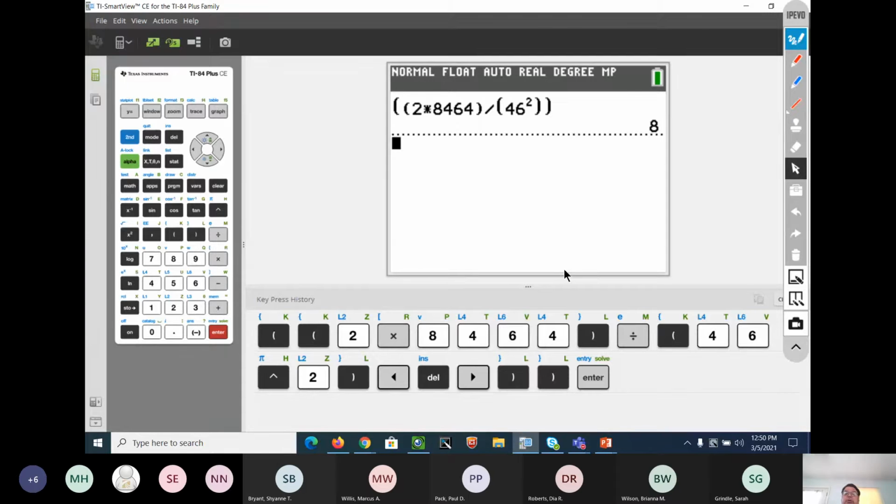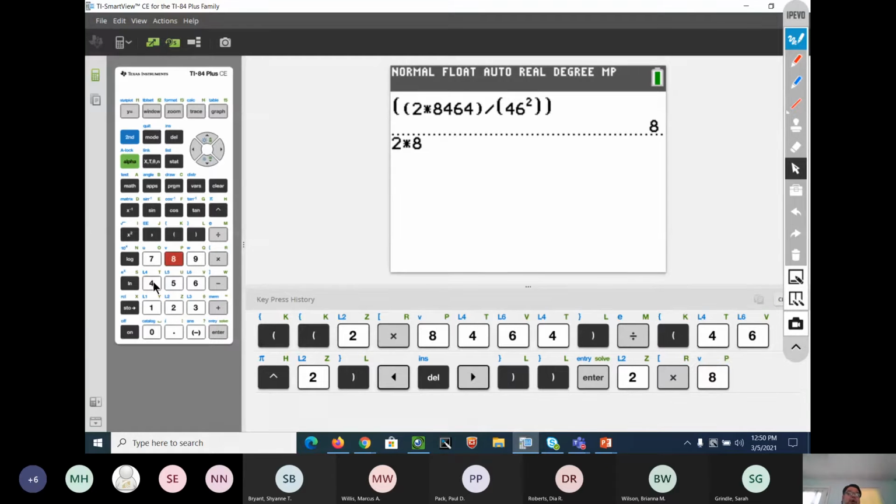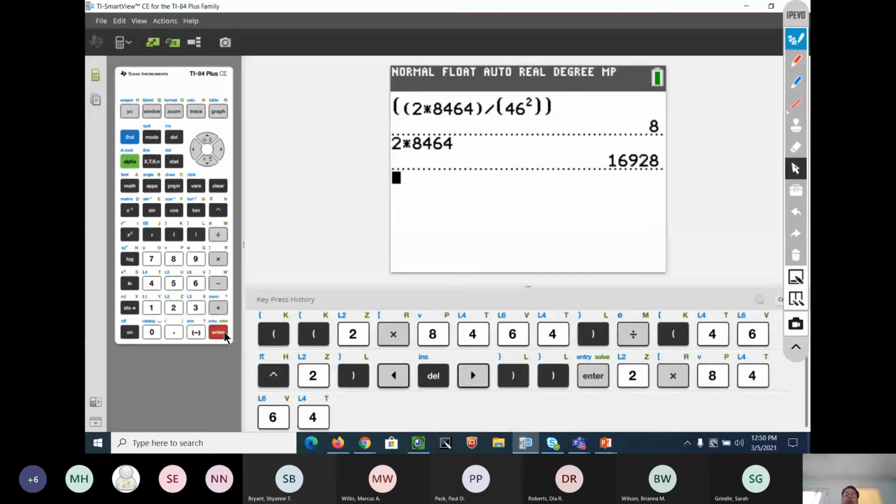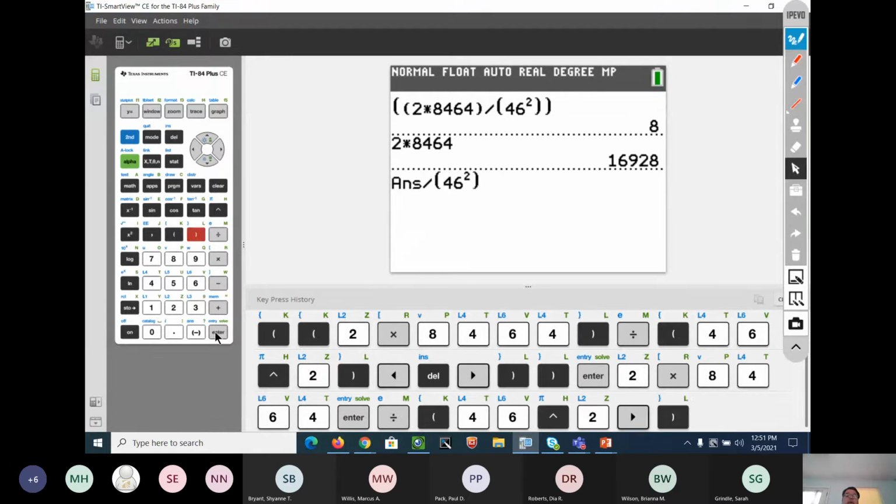Another way you could do it is 2 times 8464, hit enter, hit the division symbol, and then parentheses, 46, caret symbol, 2, move to the right, close, and enter.